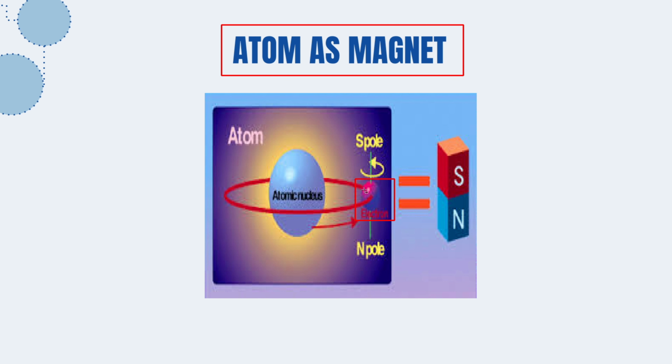So in short, the electron is moving around the nucleus, and as a result, the motion of this electron turns the whole atom into a tiny magnet. This atom is equivalent to a tiny magnet having a north pole and a south pole.